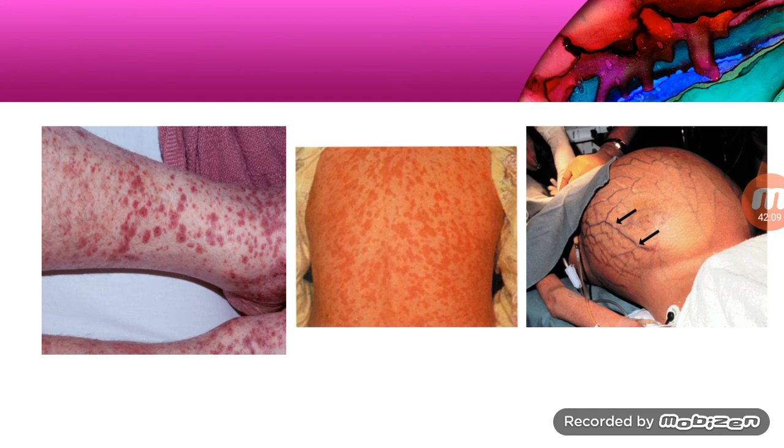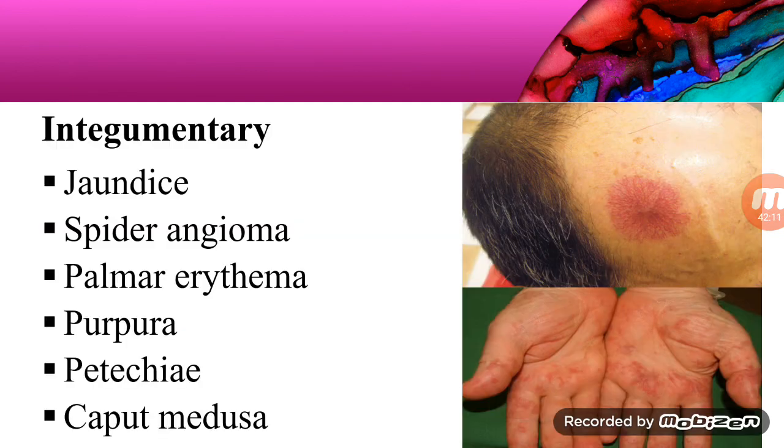And then next one is caput medusa. Caput medusa is the appearance of distended epigastric veins. The epigastric veins will be distended, and that distension can be seen from outside, externally, all across the abdomen.